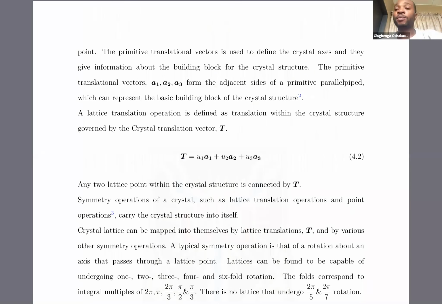So a crystal translation is defined in equation 4.2, and it's, if not exactly, very similar to what I've just told you.